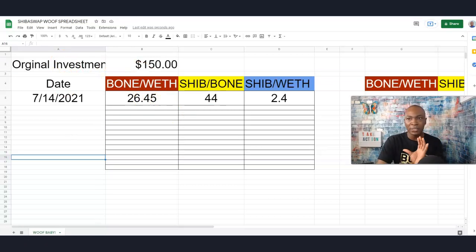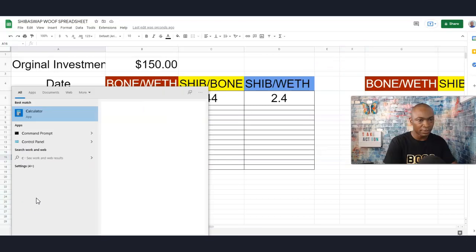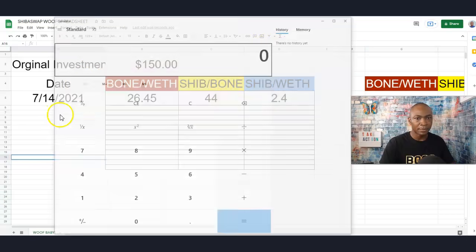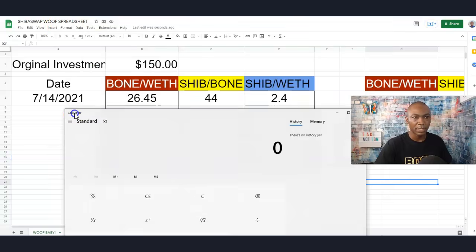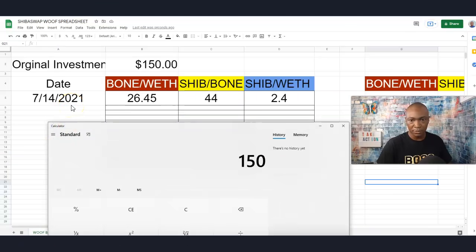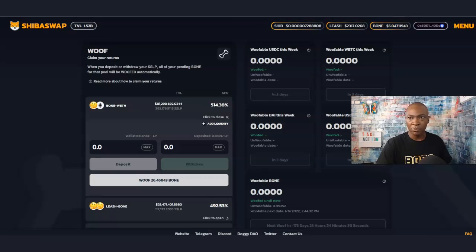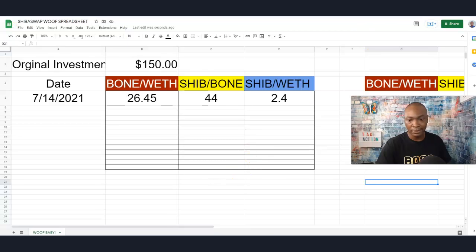So if I'm just basically doing the math, I got the calculator here. Basically, Bone is worth $5, right? 26 times 5, pretty much.